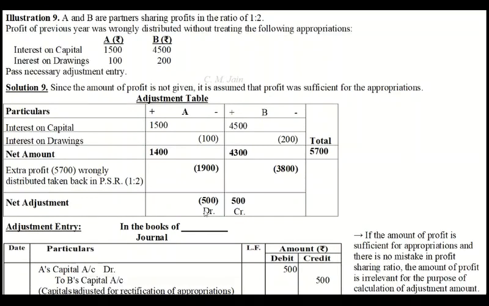Still, our adjustment amount will be this only: 500 credit for B, 500 debit for A, and our adjustment entry will remain the same. So profit amount is irrelevant for the purpose of adjustment if these two conditions are met: profit is sufficient for appropriations and there is no mistake in the profit sharing ratio. Clear?